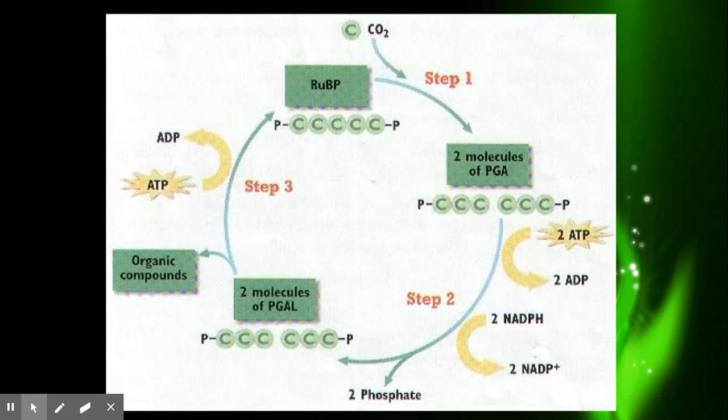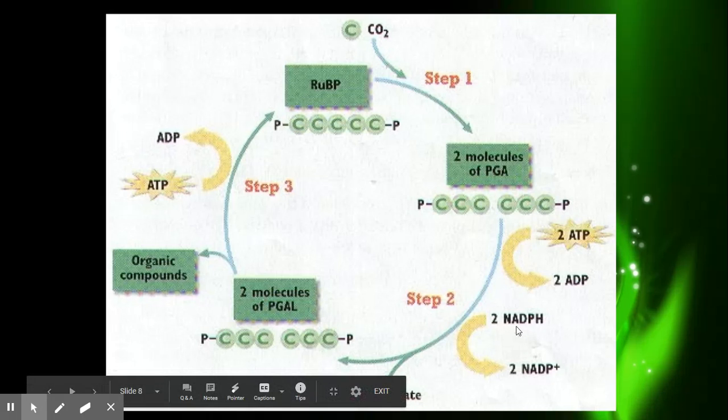So here's a look at the whole thing all together. If we walk through it again, the carbon from the carbon dioxide is broken off, attaches to the 5-carbon RuBP, makes a 6-carbon molecule, and splits in 2. Now we have PGAs. Those attach to a phosphate from ATP and a hydrogen from NADPH. One of those goes off to make carbohydrates.